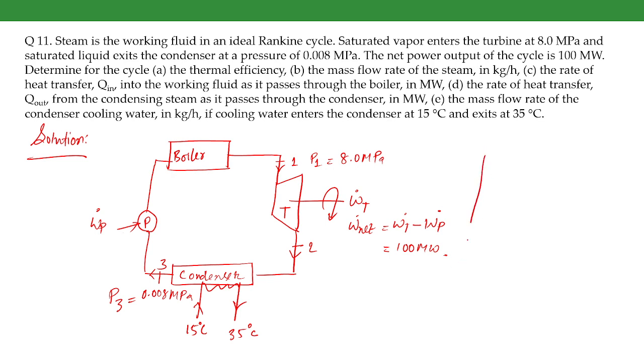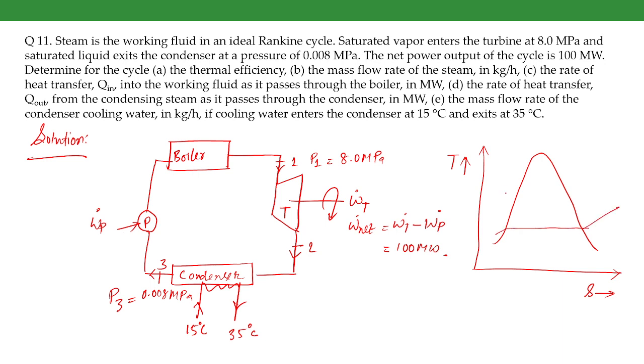If we plot the cycle on a T-S diagram, we will get this. It starts from the saturated vapor at state point 1 at the turbine inlet, which expands to point 2.